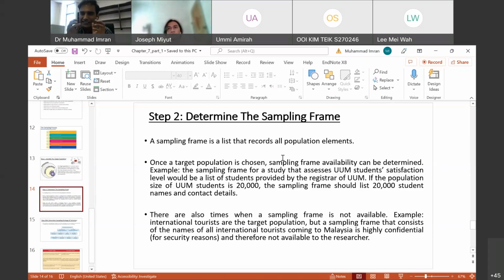This is our sampling frame. If you don't have a number, email address, each and everything, you cannot say this is your probability sampling. This will be your non-probability sampling.